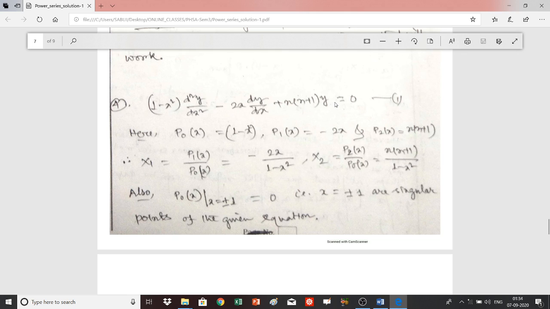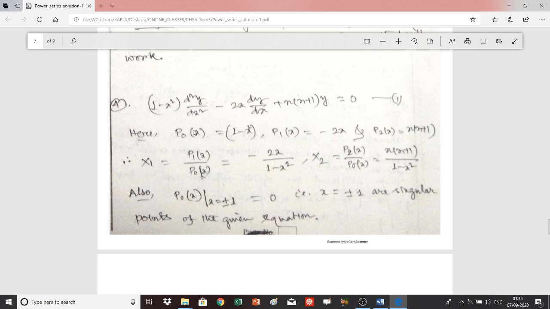So compare this equation with the general form of the linear homogeneous equation, that is p0 d2y by dx square plus p1x dy by dx plus p2x y is equal to 0. As you have already understood, the values p0, p1 or p2 may be a function of x or may be constant. So here p2 is a constant.